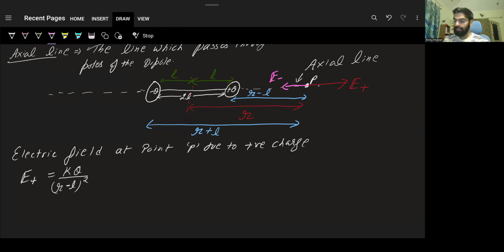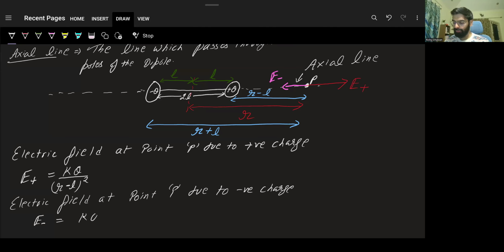It will attract the test charge toward it. So the electric field at point P due to the negative charge, E negative, will be K Q by R plus L whole square, because the distance is R plus L.